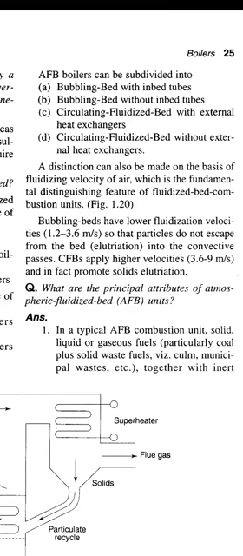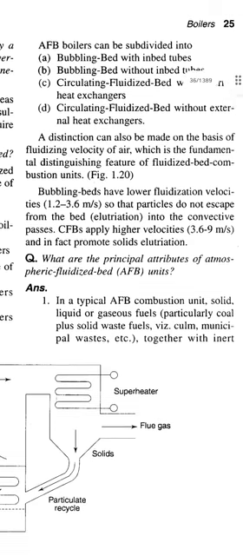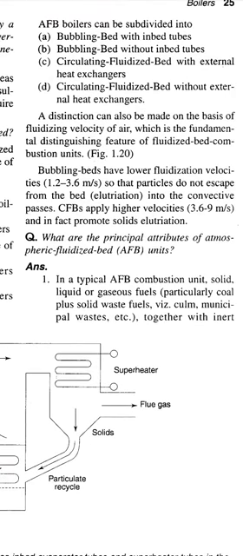A distinction can also be made on the basis of fluidization velocity of air, which is a fundamental distinguishing feature of fluidized bed combustion units. Bubbling beds have lower fluidization velocities, 1.2 to 3.6 meters per second, so that particles do not escape from the bed into the convective passes.